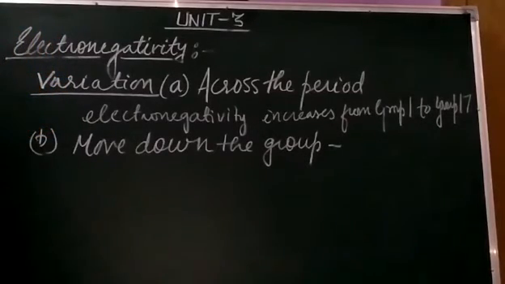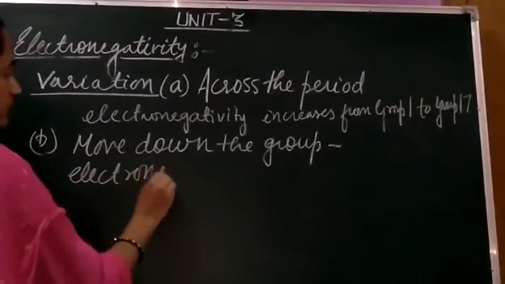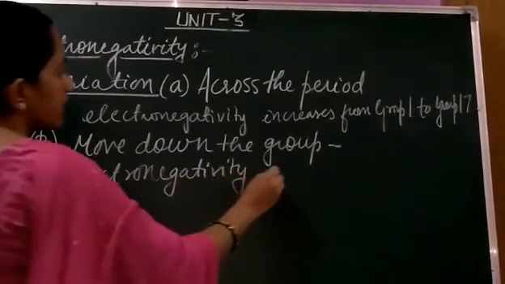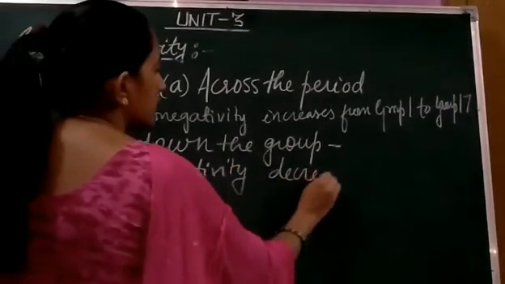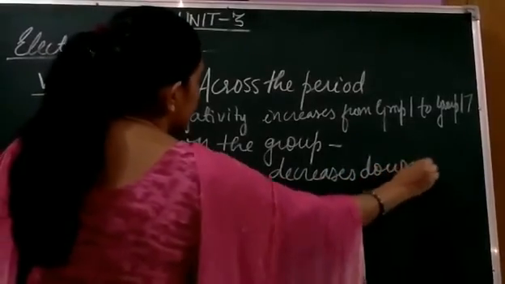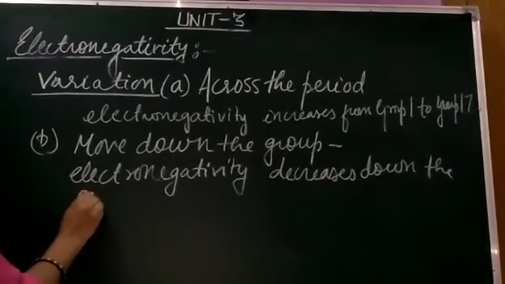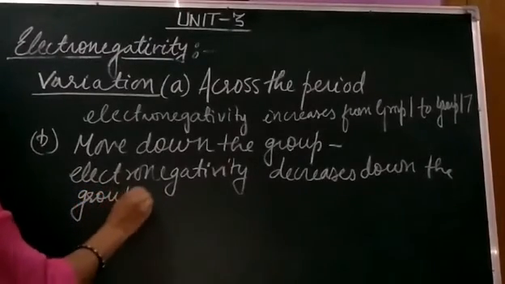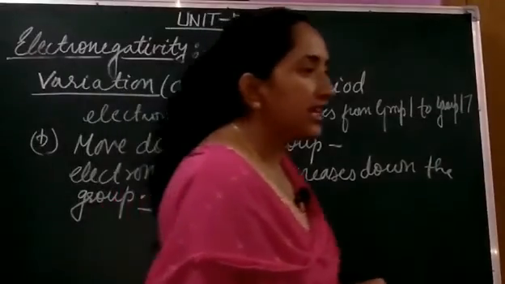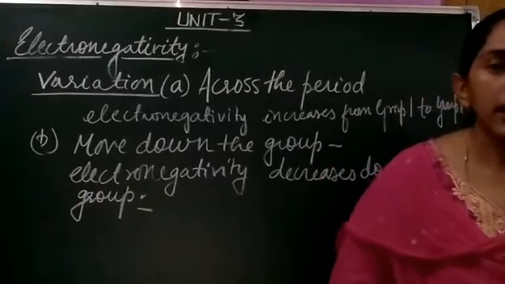So here the electronegativity decreases down the group. So when we move across the period, electronegativity increases, and when we move down the group, the electronegativity decreases.